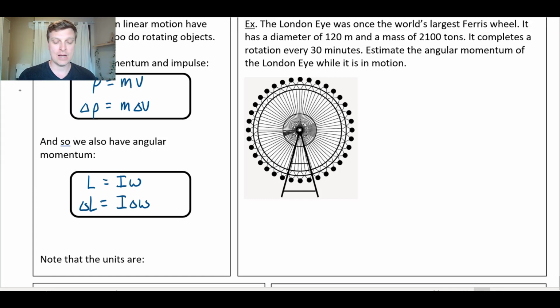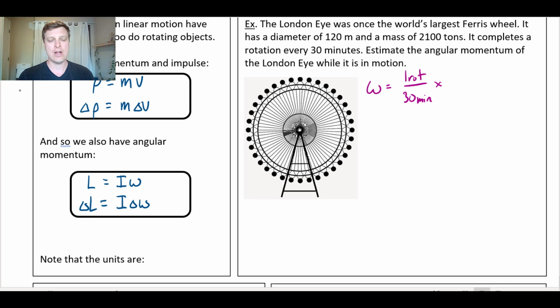So a couple things to recognize here. A bunch of these terms, I can't really use them as they are. For example, one rotation every 30 minutes, I can't use that because it's not in the right format. If I want my angular velocity, I could convert that by doing a conversion.